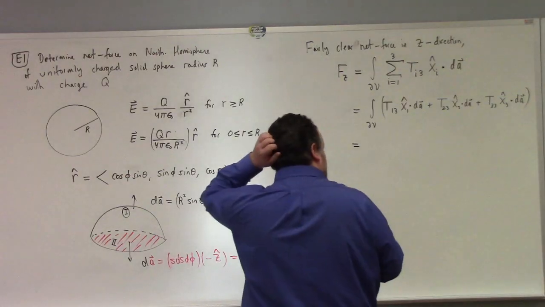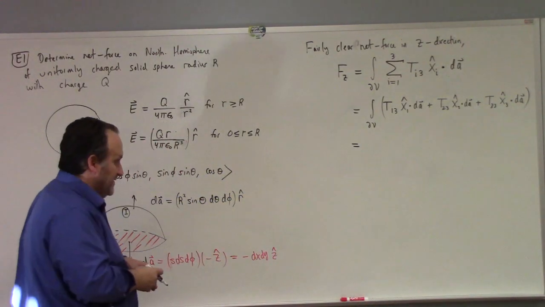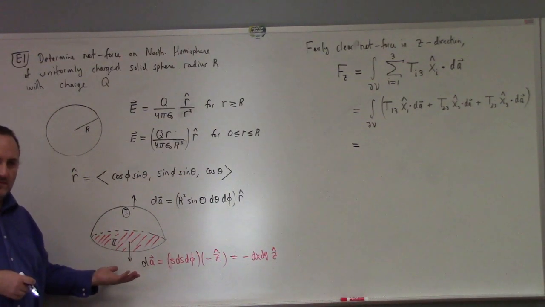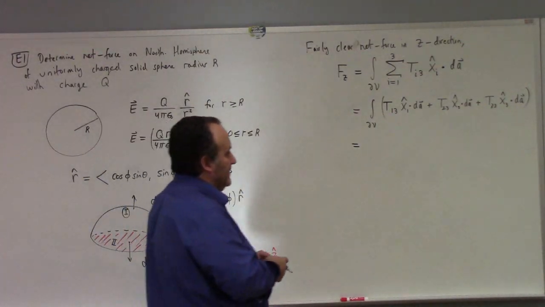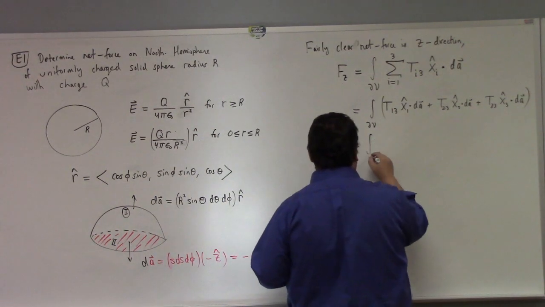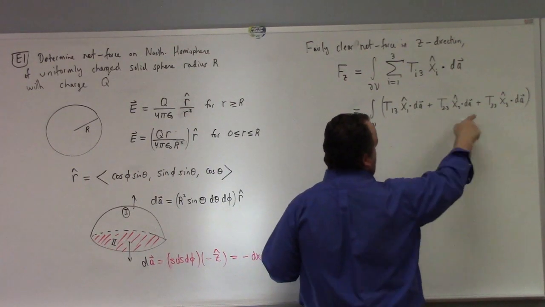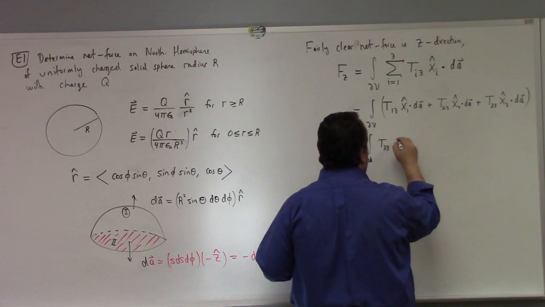But of course there are 2 cases. Now, notice something that's kind here. For the disk, only one of these survives, because dA is in the z hat direction. So we basically have the integral over the disk of just the last one, T_33 x hat 3.